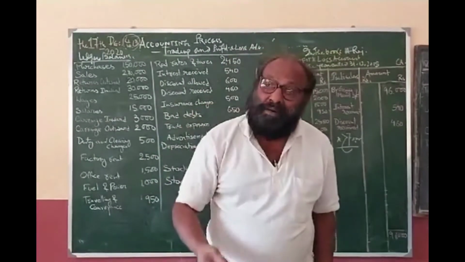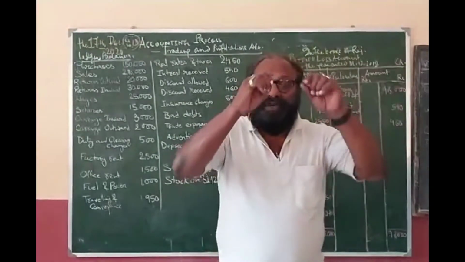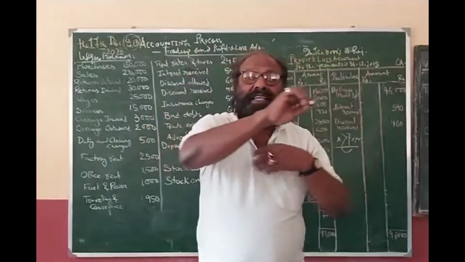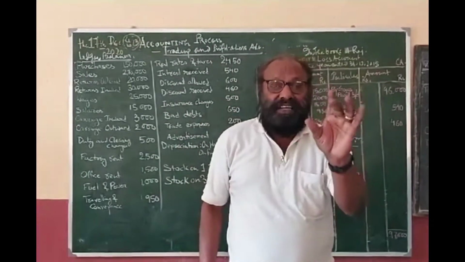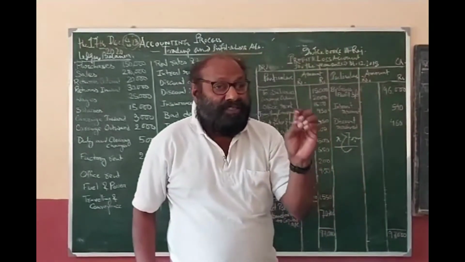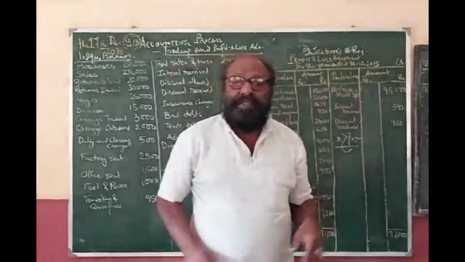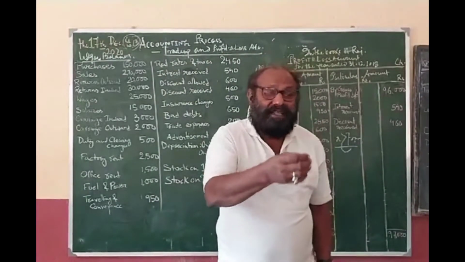Okay, and then I have already told you how the results are ascertained. How we get the total sales. From sales we deduct the returns we have effected. So net sales means net revenue generated within the organization. From that we deduct purchase expenses, and after deducting that we get the gross profit.